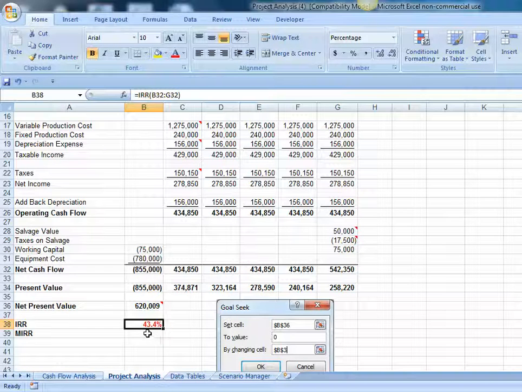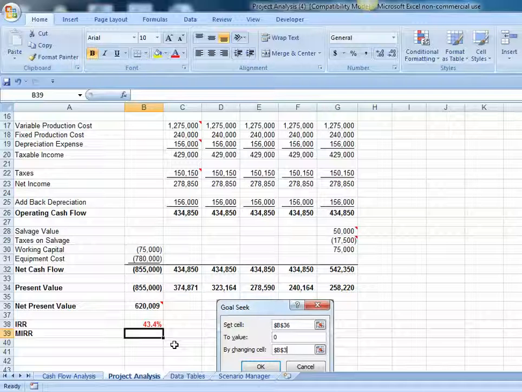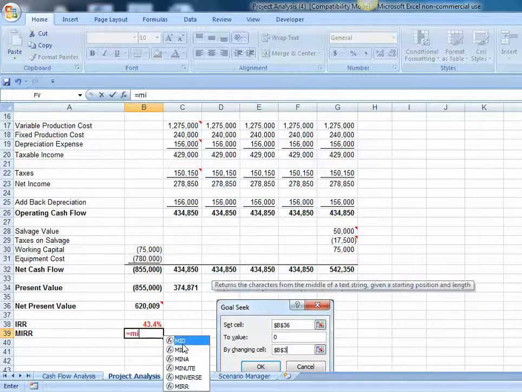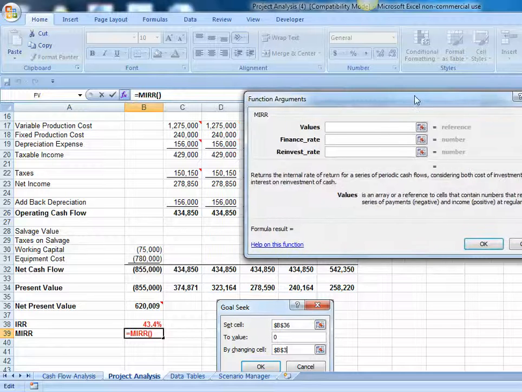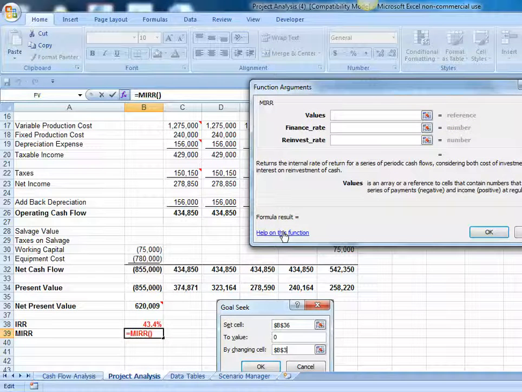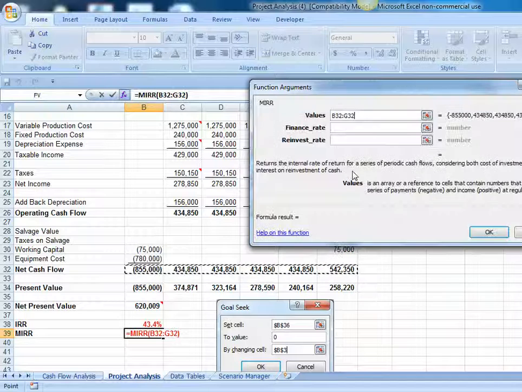So instead, we can also calculate, recall from finance, our modified IRR. We won't talk about what it is, but we'll go ahead and calculate that using Excel. Equals MIRR, parenthesis, and let's hit the FX field to pop up our fields. First, we're going to pick up our values. Our values are simply our annual cash flows.